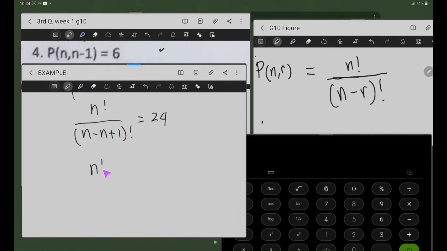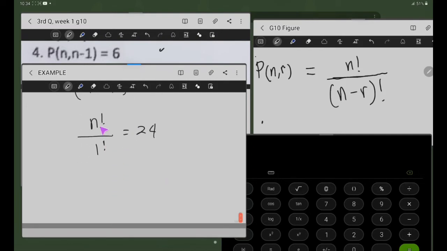So n factorial over 1 factorial. So this is equal to 24. So n factorial over 1 is equal to n factorial. So 24.